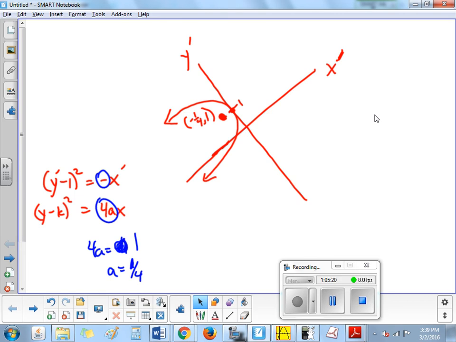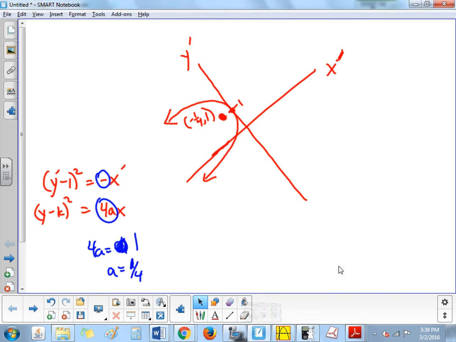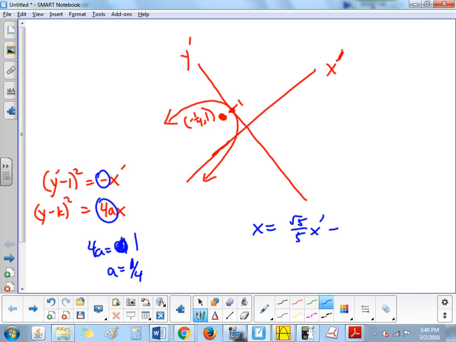So don't stress out. We actually know already that x was root 5 over 5 x prime minus 2 root 5 over 5 y prime. Remember that? I don't know why I'm writing it this way.